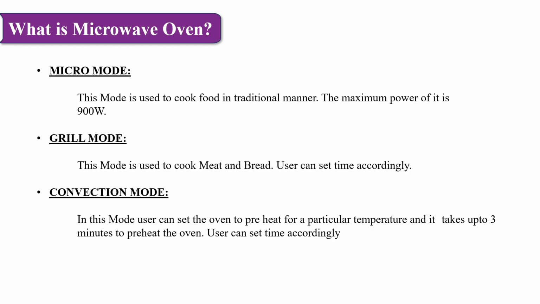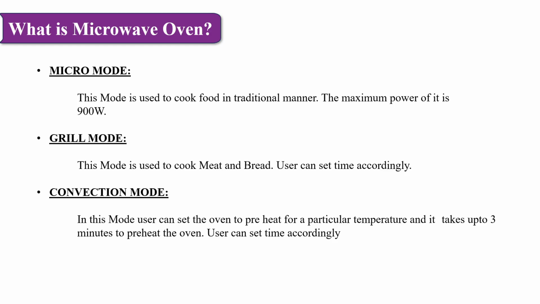So here are the modes which we are talking about. First is micro mode. This mode is used to cook food in the traditional manner. The maximum power of it is 900 watts. In the traditional manner, we've seen that we burn gas and cook food at the flame or at the temperature of that gas.